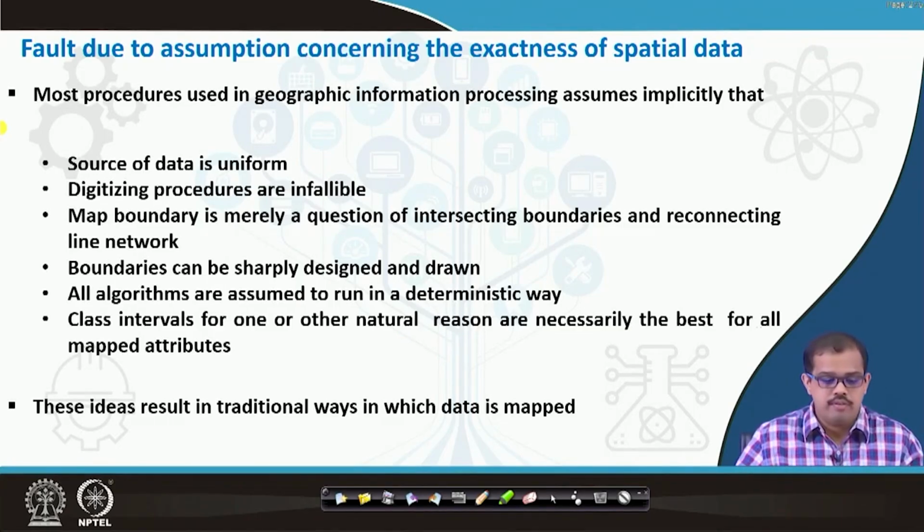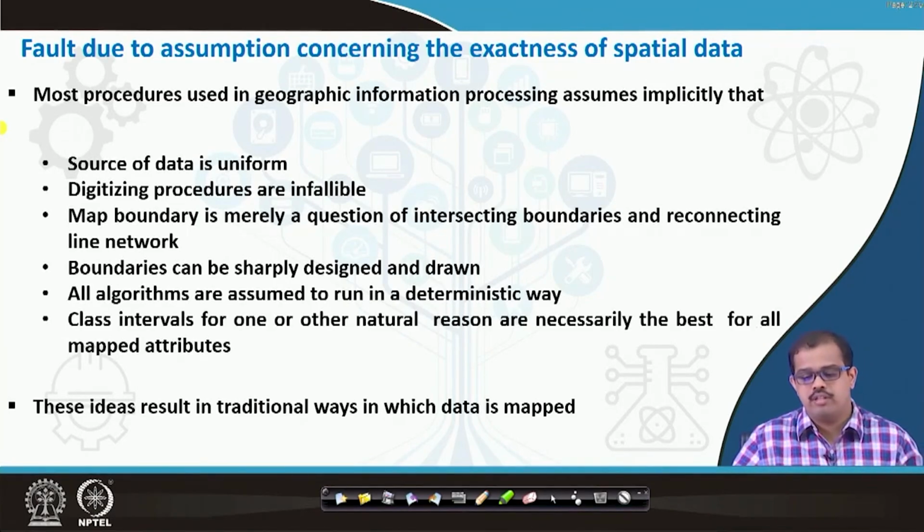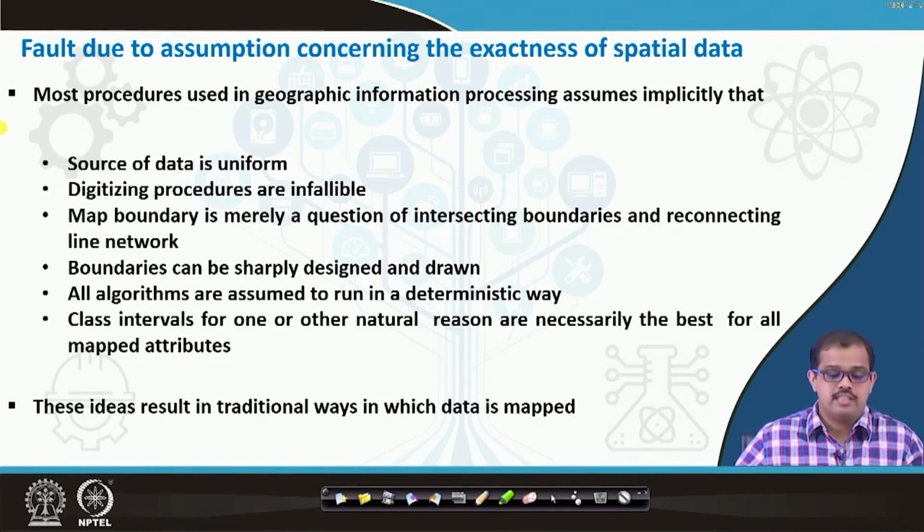When you look at most of the people who extract map boundaries, they look at only intersecting boundaries and reconnecting the line network, which may not be true in the real scenario. Boundaries can be sharply redrawn, so they have to be properly redrawn whenever you are considering the boundaries. All algorithms are assumed to be run in a deterministic way. All algorithms are considered to be true, all algorithms are considered to be the best.